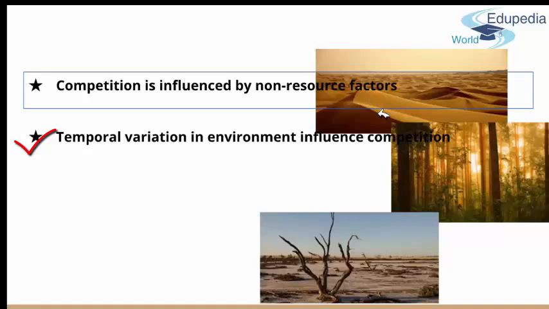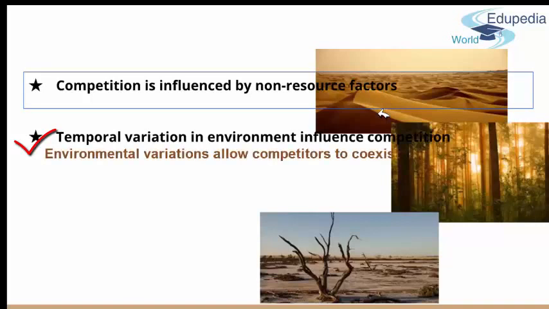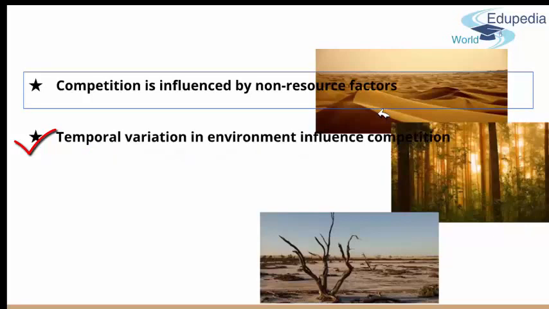As a result, one species will not reach sufficient density to displace its competitor at some point. In this manner, environmental variation allows competitors to coexist, where under constant conditions one would exclude the other.